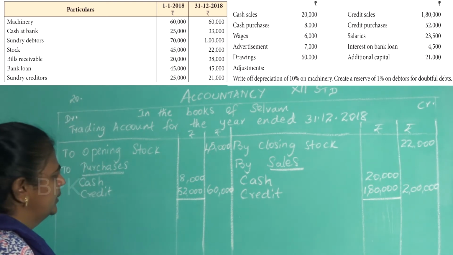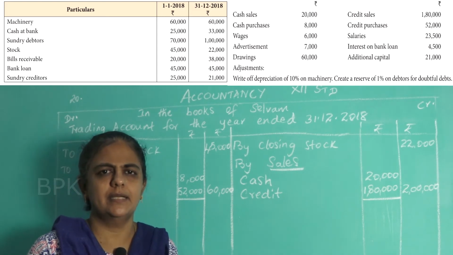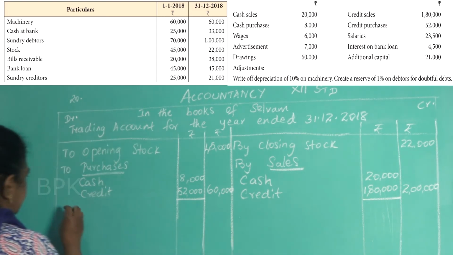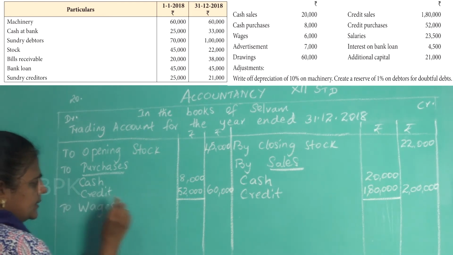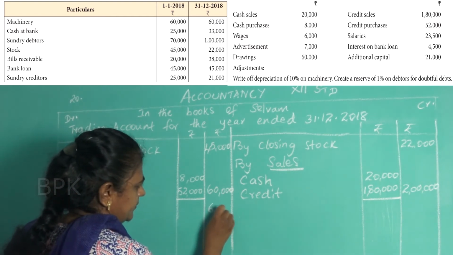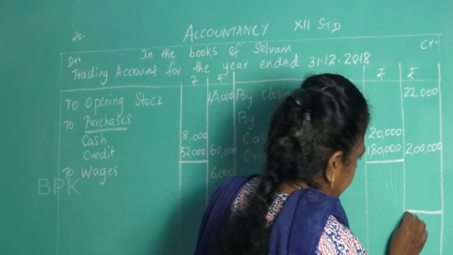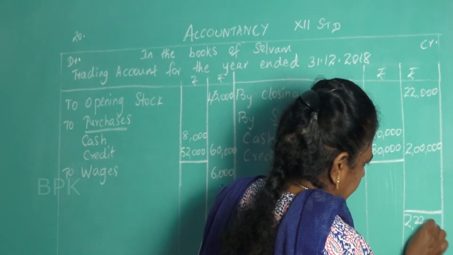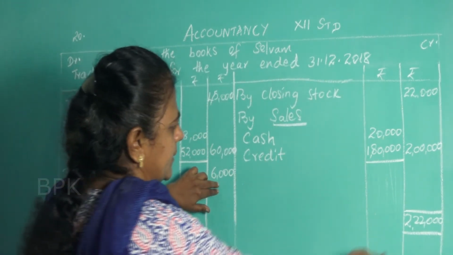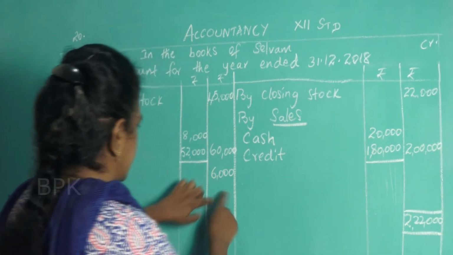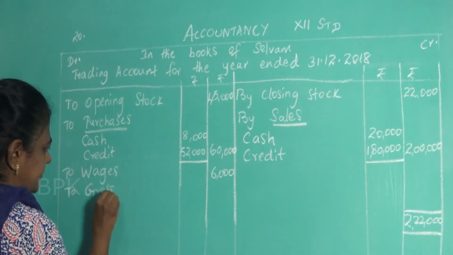Okay. Now see whether there are any other expenses, manufacturing expenses or any factory expenses that should be shown in the trading account. Wages. So, to wages 6,000. Okay. Credit side is greater, so put the total 2,22,000. Add the debit side, 2,22,000, deduct this, that will give you your gross profit.